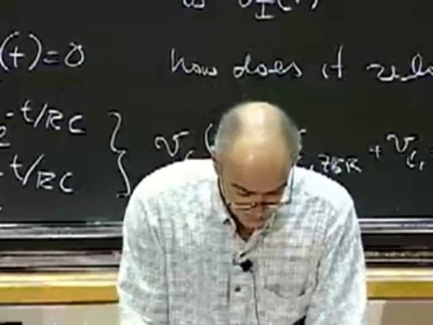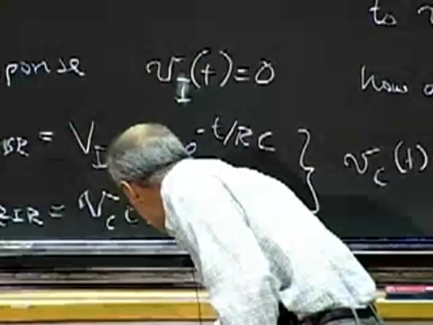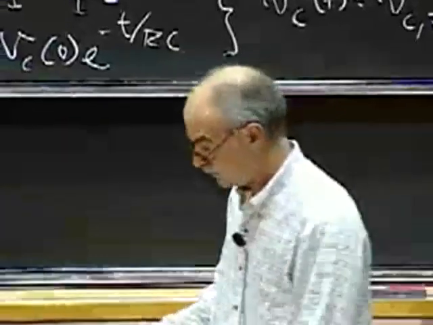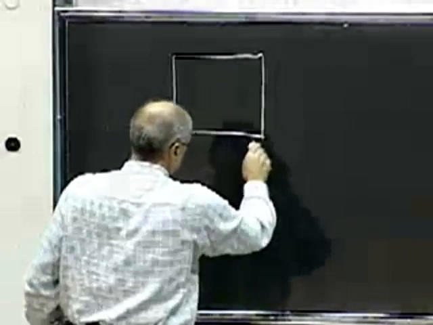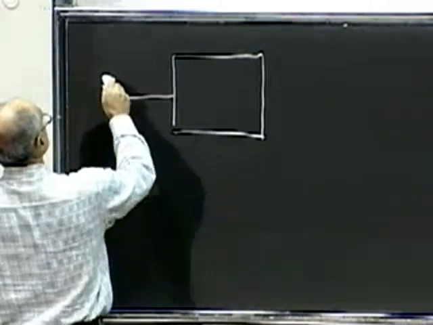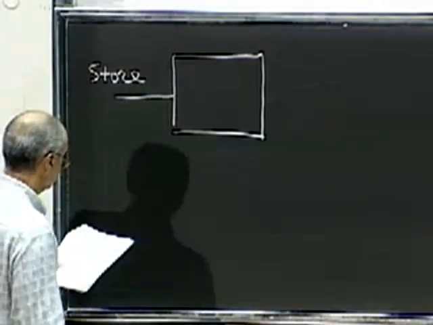So the basic memory abstraction is as follows. Imagine a block which needs to be populated by transistor, resistor, capacitor, whatever elements. And it has a control input, which we will call the store.